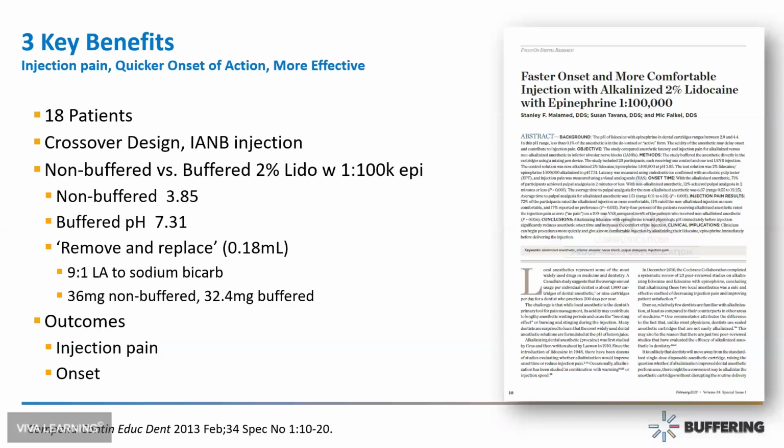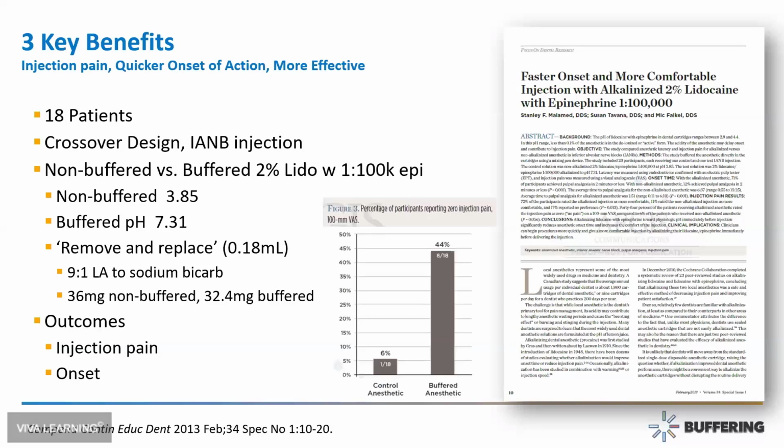Their outcomes were injection pain and onset time. The first was injection pain, and based on their results, it shows the percentage of participants reporting 0 injection pain, using a 1 to 100 point visual analog scale.